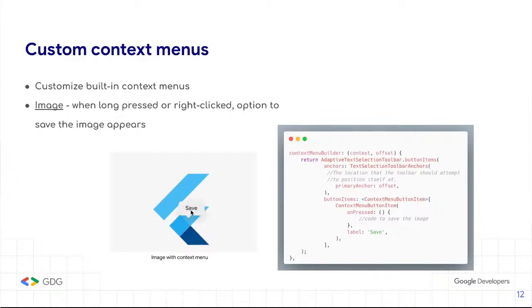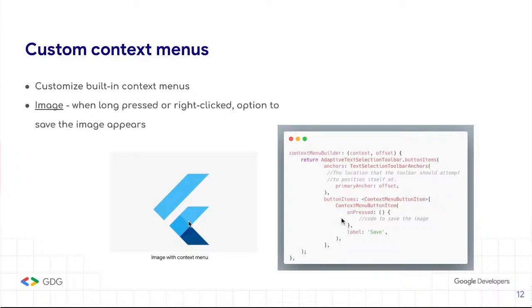You can add any option. Again, you can make it copy or you can do the paste. Again, the same thing in button items. I'm only going to keep one item here, which is the save button. And when you click on save, you can have your own function.